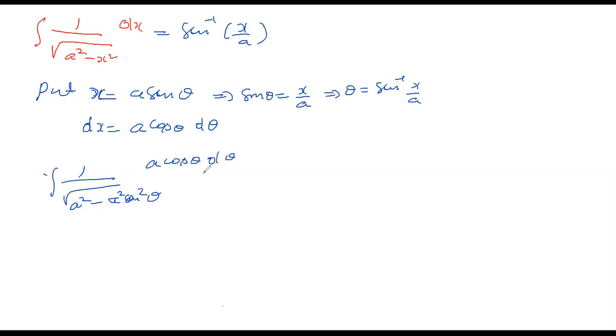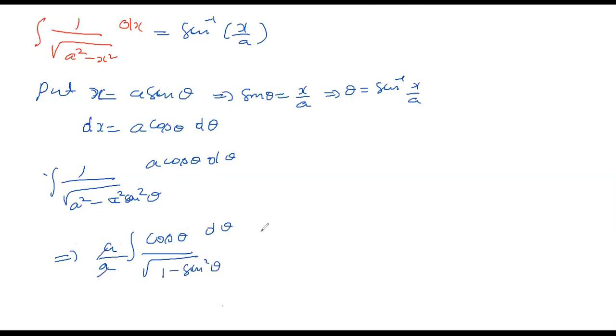Now I'm taking the numerator a out, it becomes cos theta d theta. I'm taking a square from the root, which becomes a, so it becomes a into square root of 1 minus sine square theta.